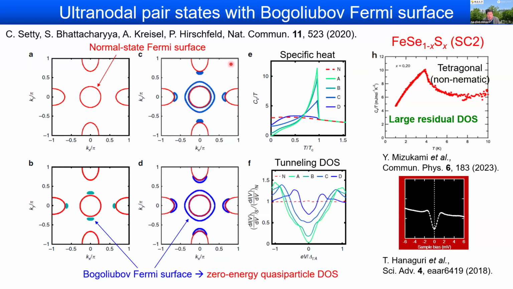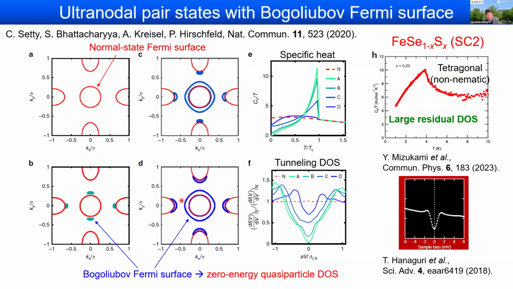Then the Peter Hirschfeld group have shown, with some calculations based on the iron selenium electronic structure, that there is a parameter range in which they find these Bogoliubov Fermi surfaces. They call this the ultra-nodal pair state.